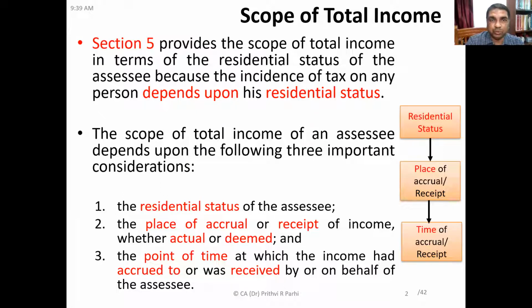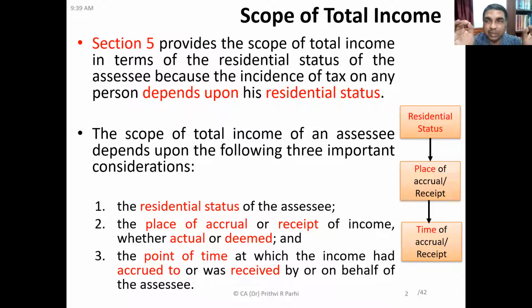Section 5 is talking about the scope of total income. Section 5 provides the scope of total income, and the scope of total income is to be determined on the basis of residential status. So this total income depends upon a person's residential status.